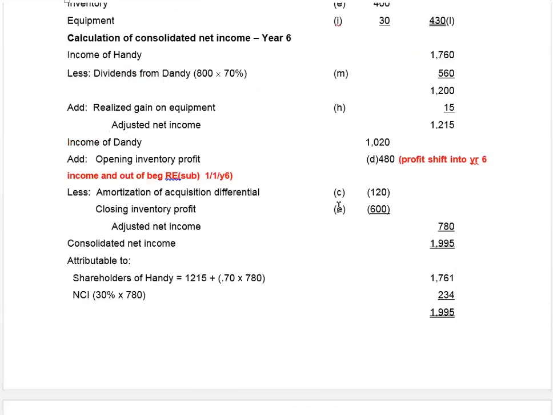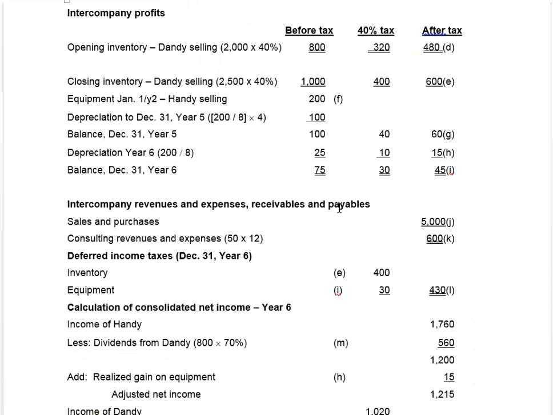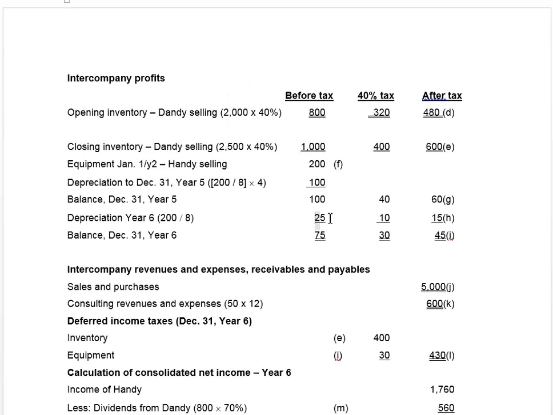So let's go back up here to our chart. We had here a depreciable fixed asset sale, which gave us $200 of profit pre-tax, and we said we're taking it in over 8 years. So we're going to reduce our depreciation pre-tax by $25 to take in of the $200 that we booked as a gain, separate entity.